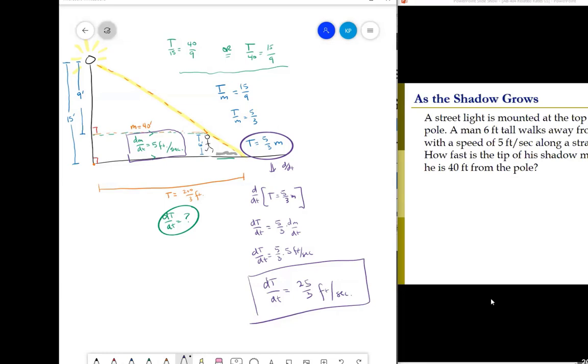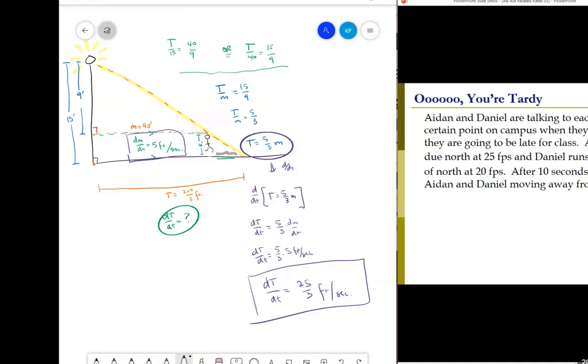Let me go ahead and let you see the next question, and then I'll release all of them to you. Just know that one of these will be this week's FRQ. So this should be 25/3, and we're just going to leave it as a fraction. Here you go. See how far you can get on this next problem.